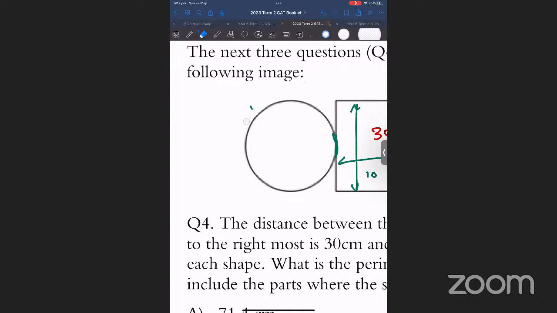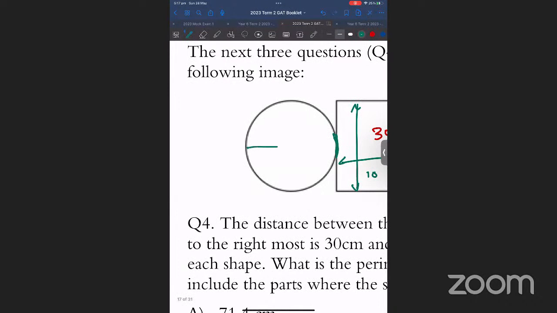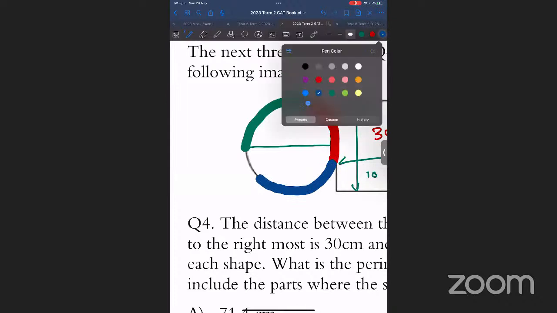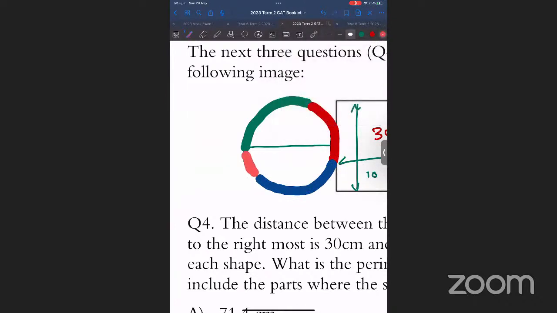The relationship is basically how many times the diameter of a circle goes around the whole circle. So I'll make it a bit bigger to see. It goes around 1 time, then 2 times, then 3 times, and then we have a little bit left over.